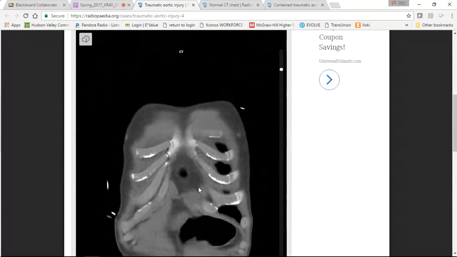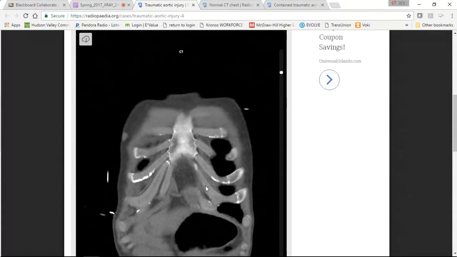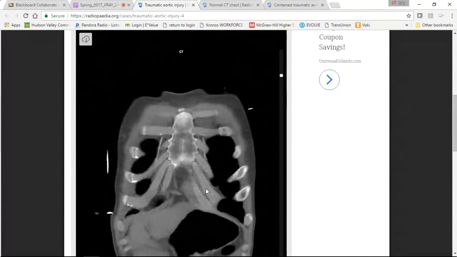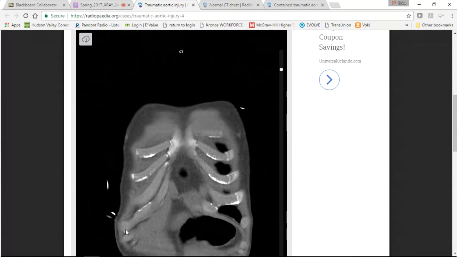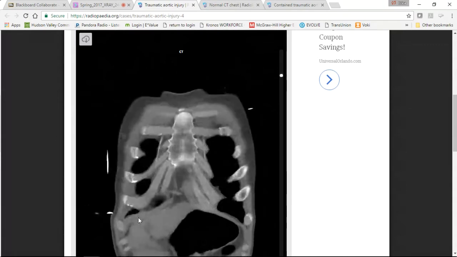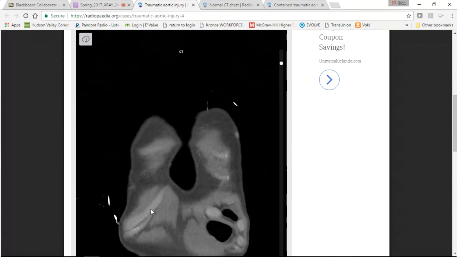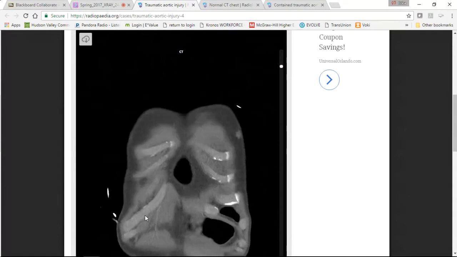The other thing I want to point out, remember we talked about the thoracic cavity, the bony anatomy, and the piggybacking of the costal cartilage of the lower ribs. See, we have a piggyback here, piggyback coming in here from 12 up.